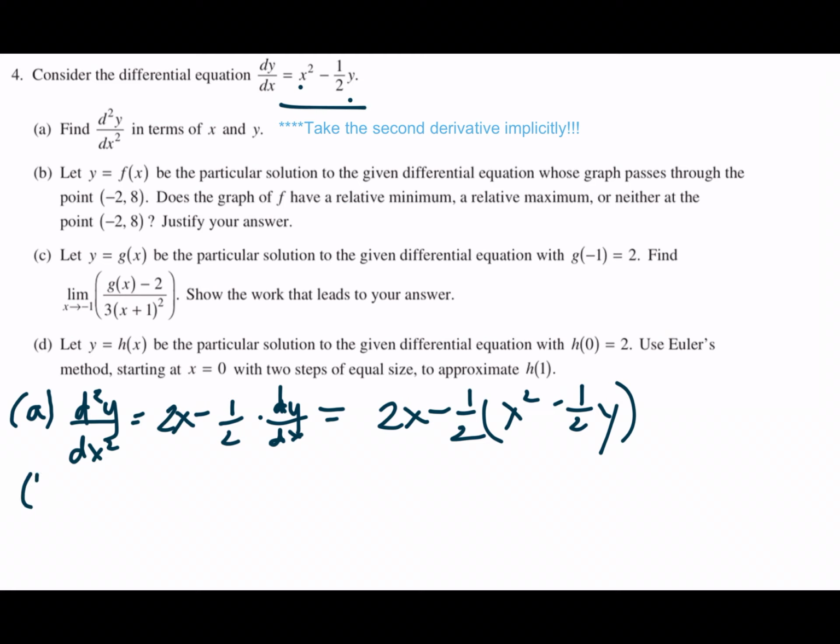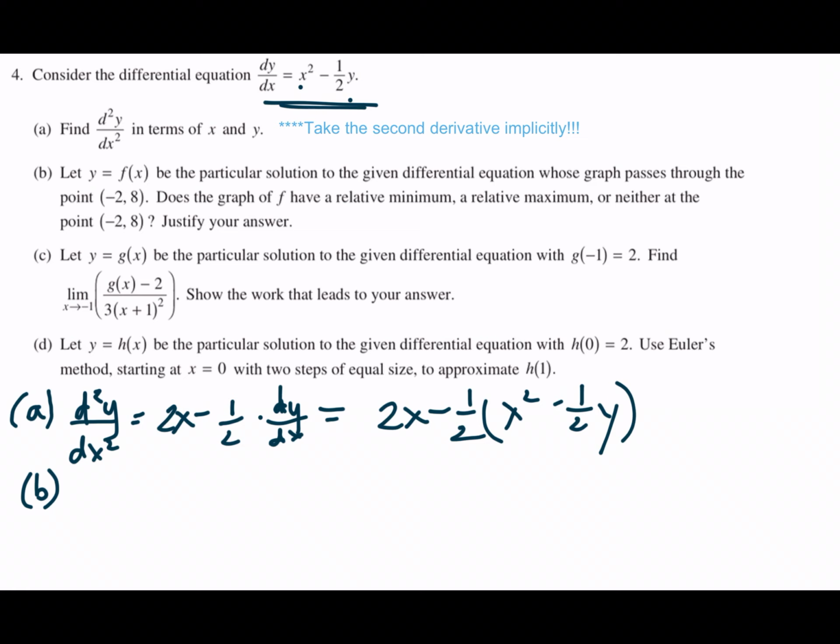Part B wants to know if f has a max or a min at the particular point (-2, 8). The very first thing that has to be true in order to have a max or min is that my derivative either has to be 0 or not exist, meaning I have a critical point. There's nothing I can't plug in for x or y, so it's defined for all real numbers.